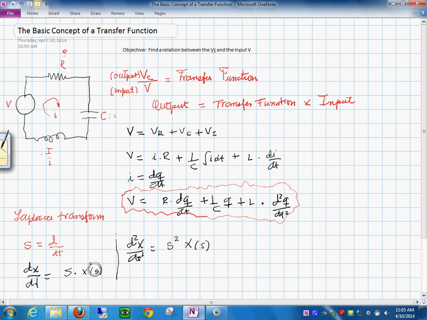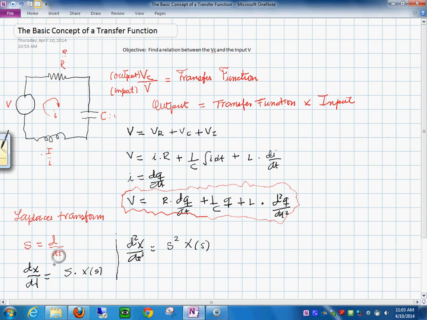So whenever you see the derivative of a function d dt, the French mathematician Laplace came up with this so-called Laplace transform that allows us to transform the equations in the time domain into this s domain, which is much easier to manipulate, and there are so many tools for this form in the s domain.